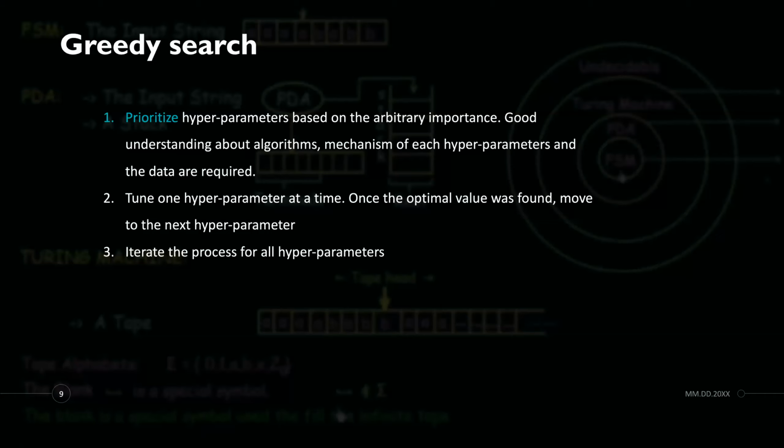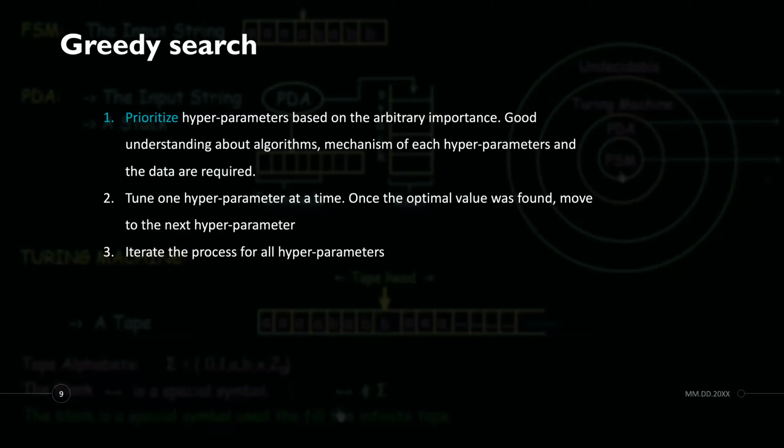Regardless, we get prioritized hyperparameters, and then we iterate over every single hyperparameter and test it out with different values. We optimize one parameter at a time, iteratively, until we have optimized all the hyperparameters.